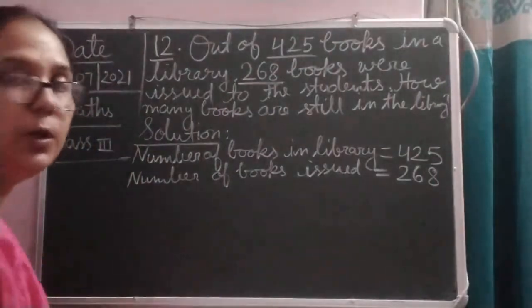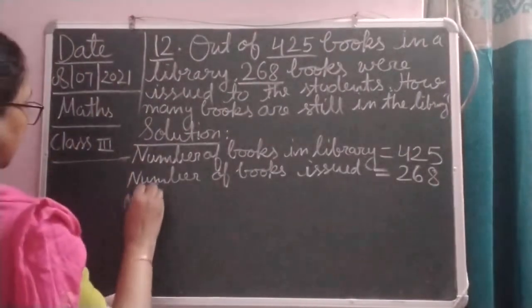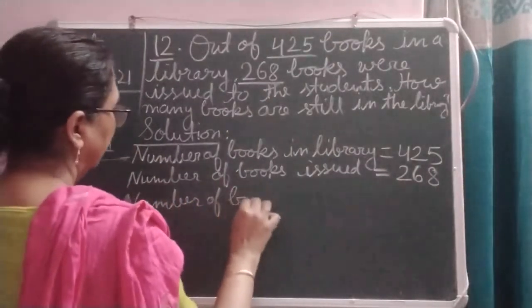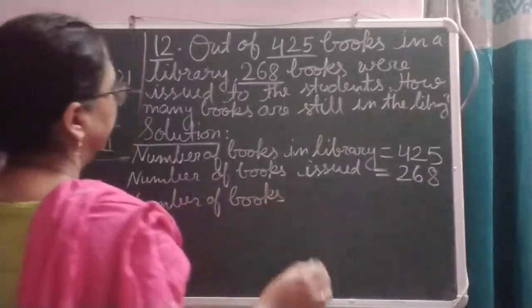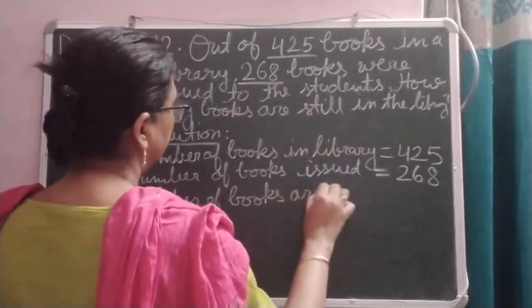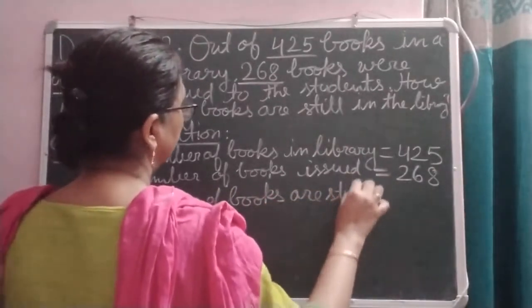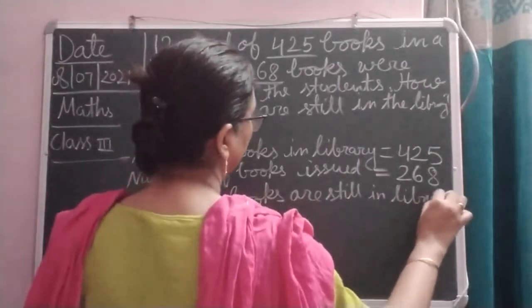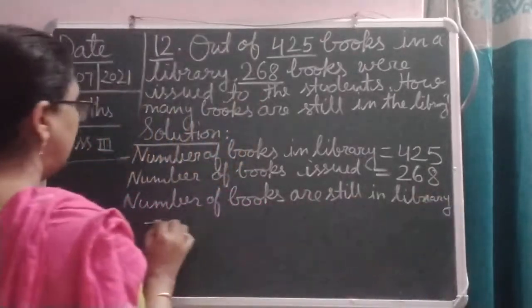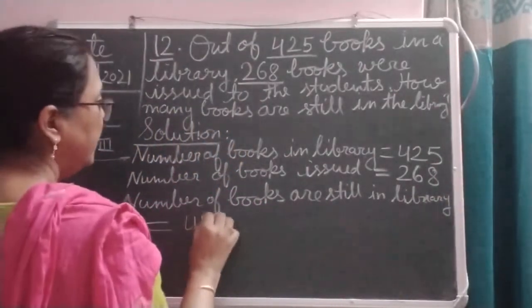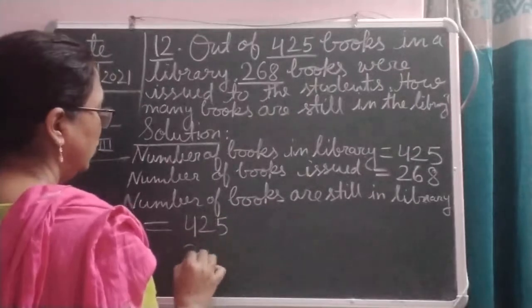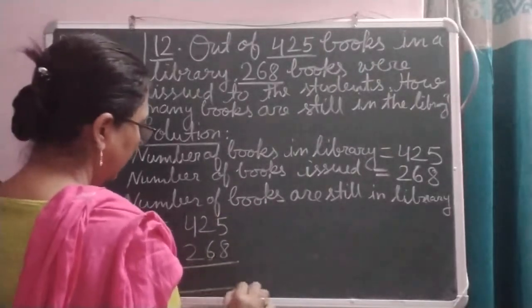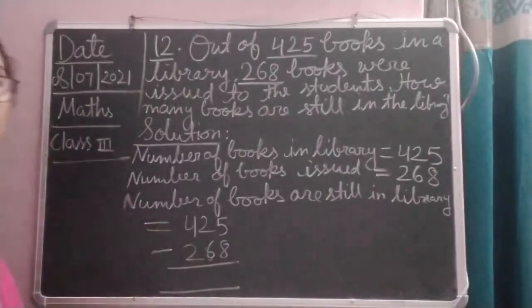So that we are going to write: number of books still in library equal to 425 minus 268, and here we are going to subtract.